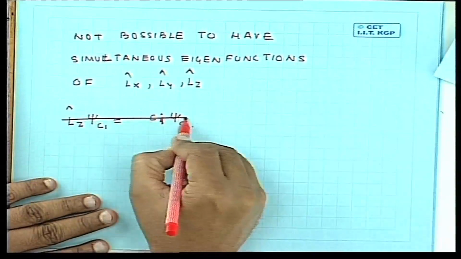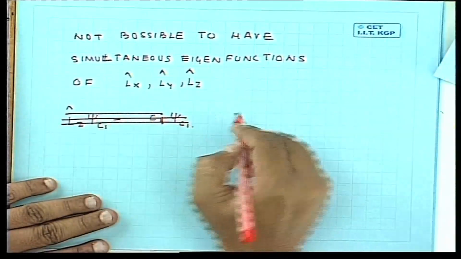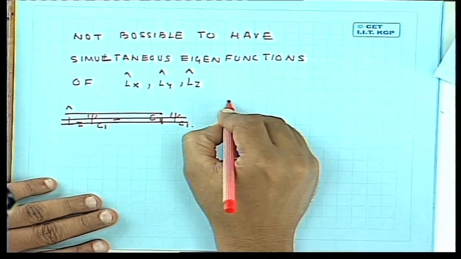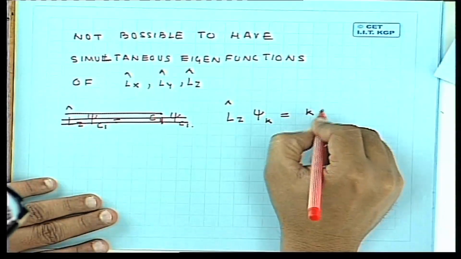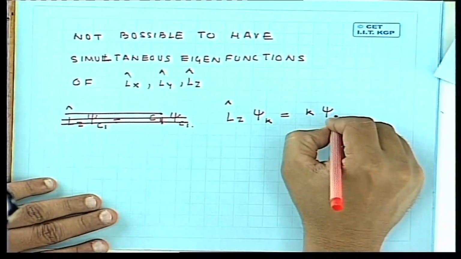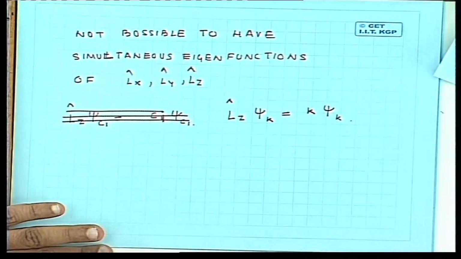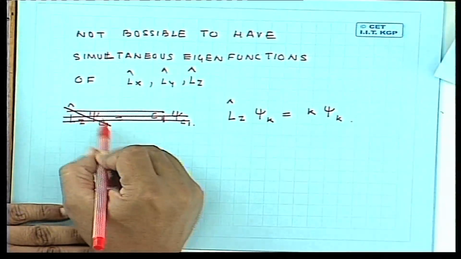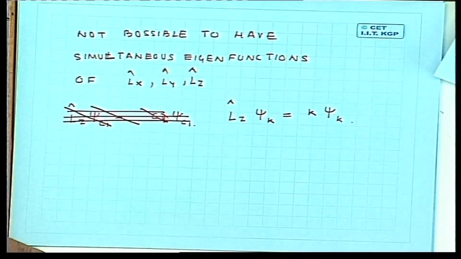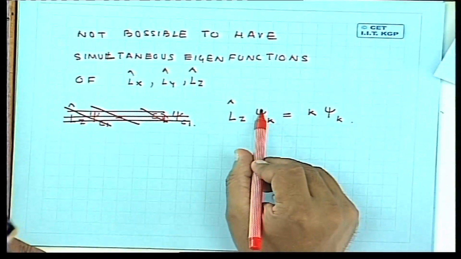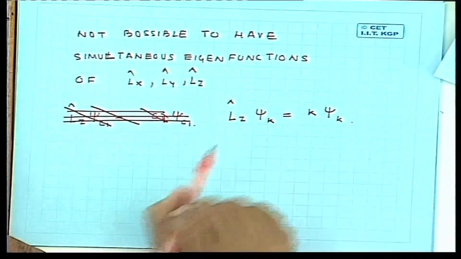Better to use k, because C1 has been used in the expansion. The C's have been used as expansion coefficients for the wave function. So we are going to solve this equation, and these psi_k are defined to be eigenfunctions of Lz.